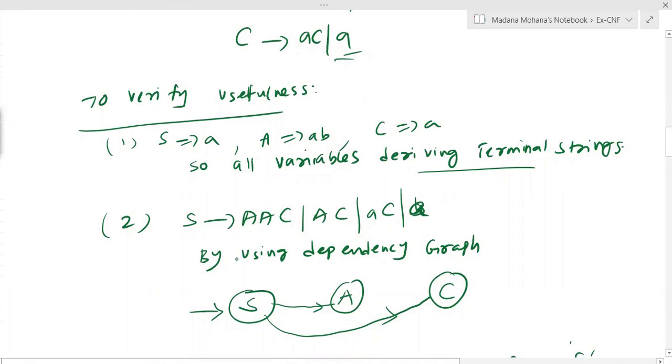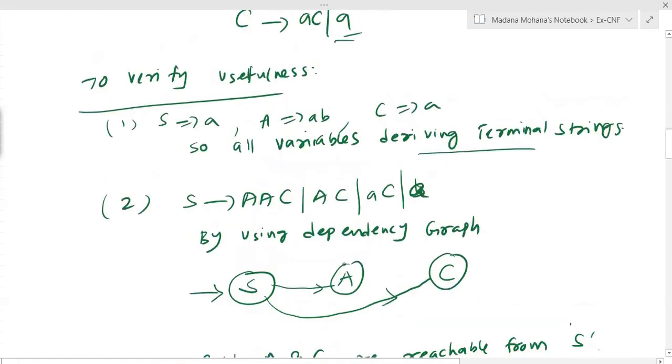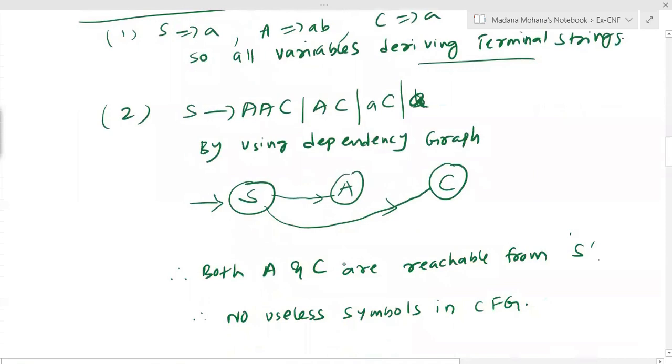Then the second aspect: for the S productions, you can draw the dependency graph to check the reachability of the variables deriving from the starting variable. Now the S productions are S derives AAC or AC or terminal A variable C or terminal A. Use the dependency graph only for the starting variable productions. Now the left hand side S is the starting variable.